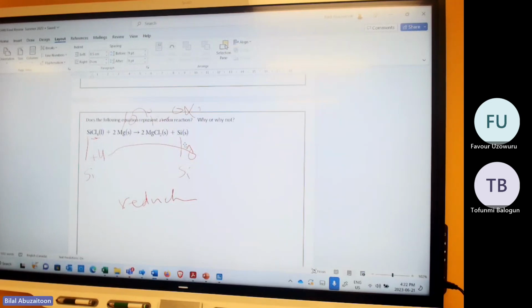We multiply the coefficient by the charge, so the overall charge is 4, 2 times 2. But we don't say the oxidation number of magnesium is +4.